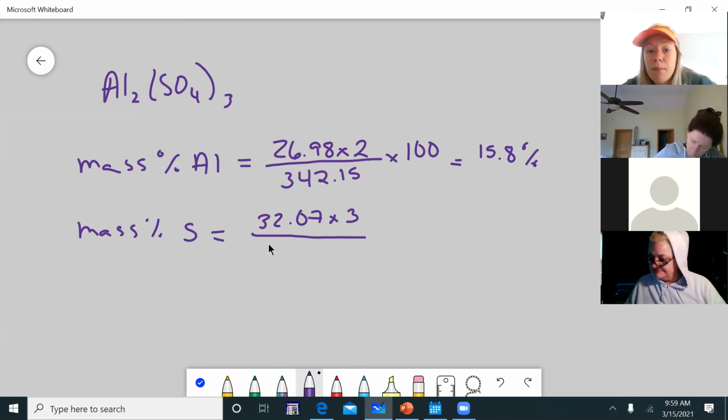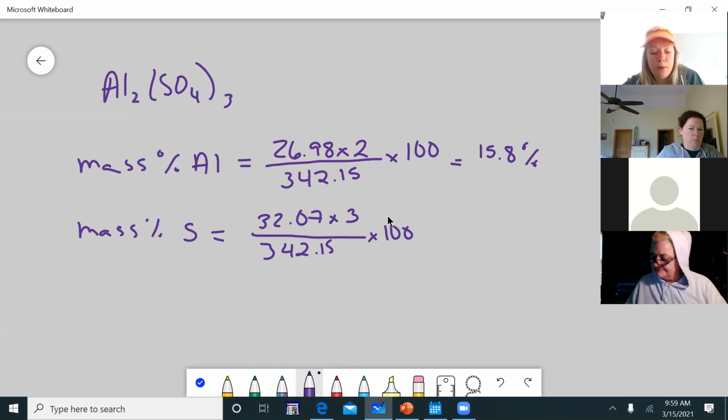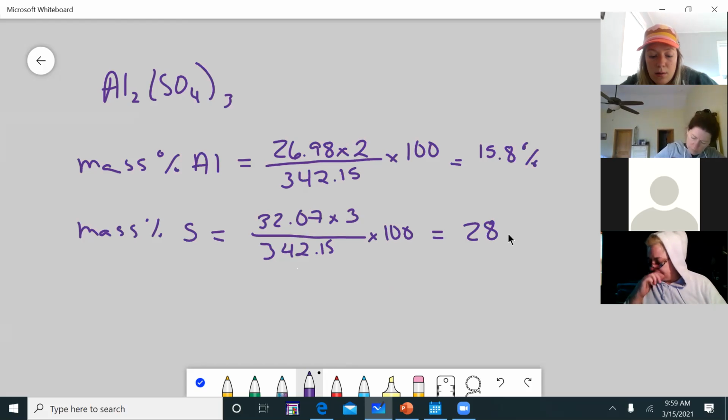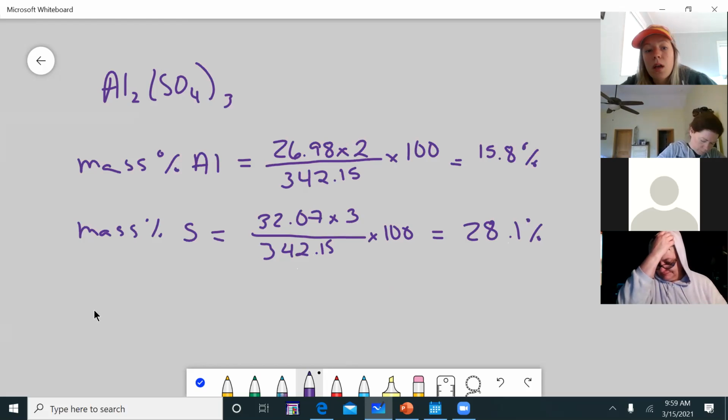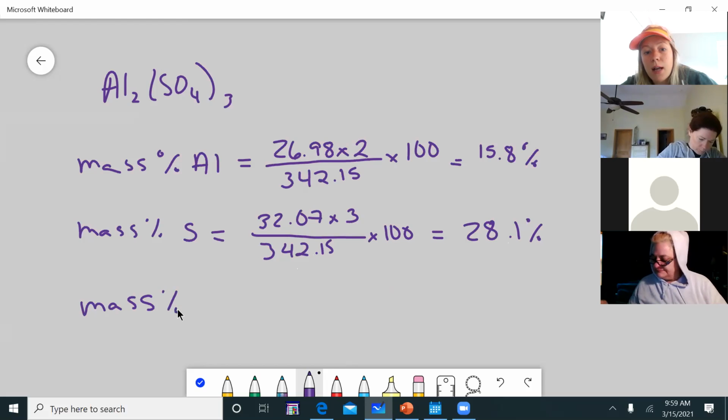Because we're talking about the same compound, so 342.15, and then we multiply it by 100 because that gets us into a percentage value. And for this one, a little bit more, 28.1%. Okay. I want you to do the last one. I want you to find the mass percent for oxygen.